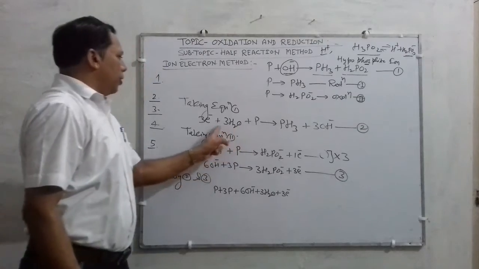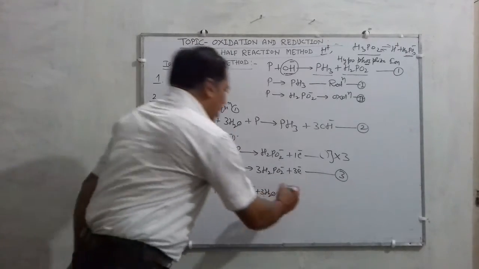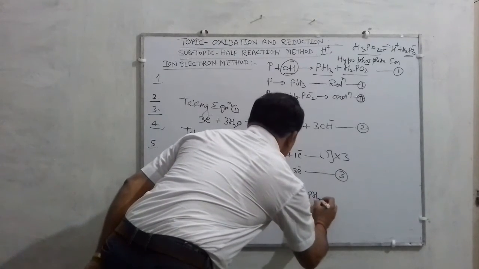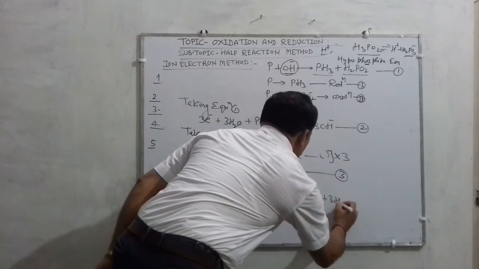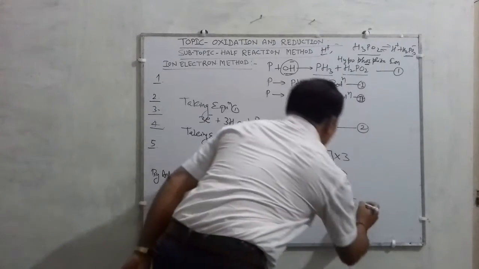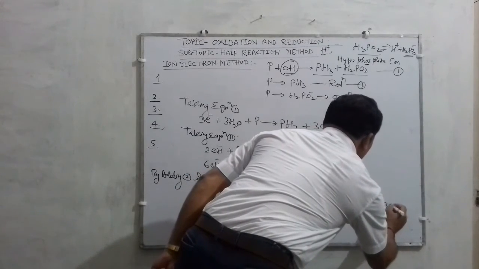All reactants are added. Now go here, PH3 plus 3H2PO2 minus plus 3OH minus and plus 3e minus.